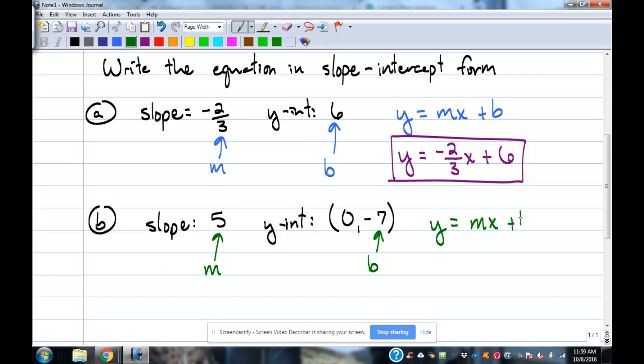Slope-intercept form, y equals mx plus b. Replace the stuff they gave you. They gave me the slope was 5. Put it in there. They gave me the y-intercept, at 0, -7. So that means b is -7. So plus -7, or you could write it 5x minus 7.